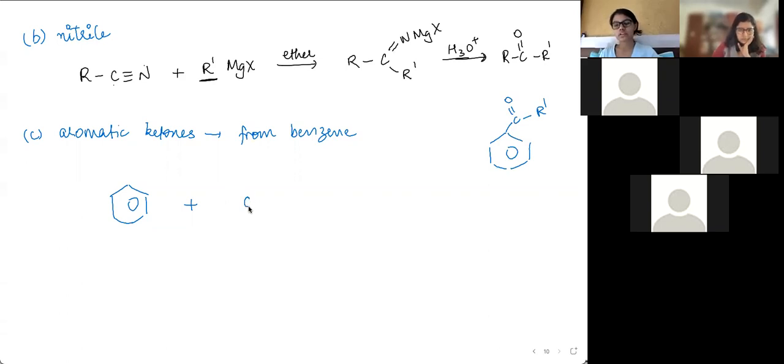Ma'am, electrophilic substitution, acylation. Acylation, basically, yes. So here either another phenyl group or R, depending on what you want substituted over here. If you want another benzene ring over here, then you take a phenyl group here. If you want a straight chain, you take that particular acyl chloride.